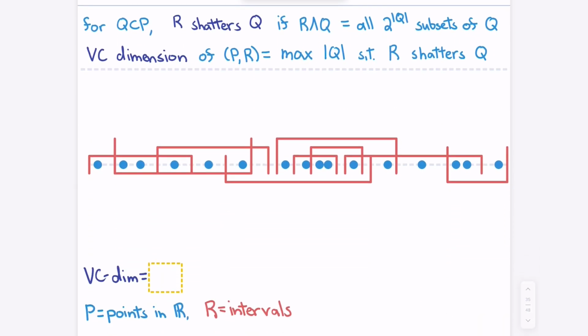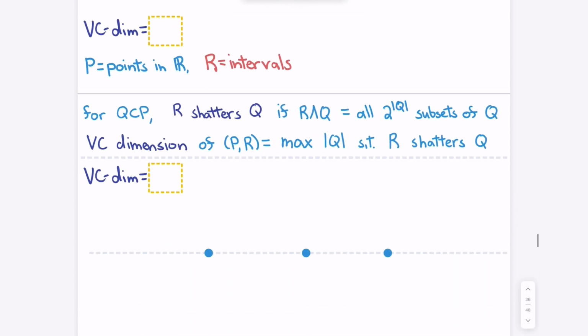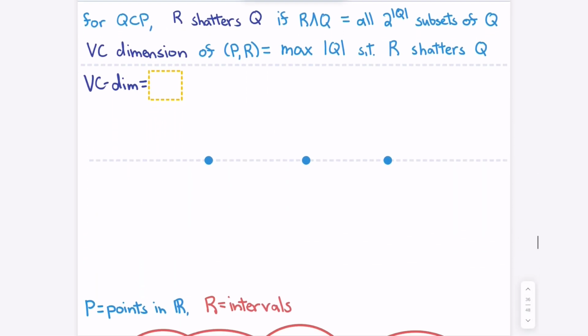Okay, so let's take points on the line, and intervals, right? So our subsets are all possible intervals. So what is the largest number of points that intervals can shatter? 2. Anyone else feel 2? Okay. That means we should be able to come up with 3 points that you can't shatter, right?